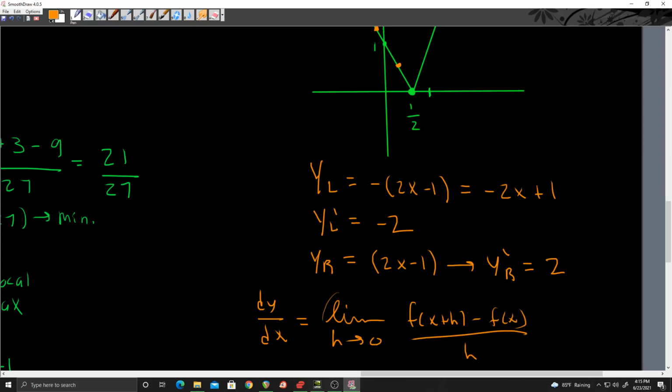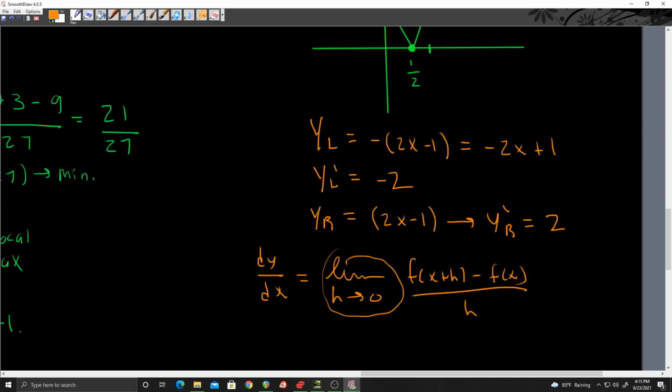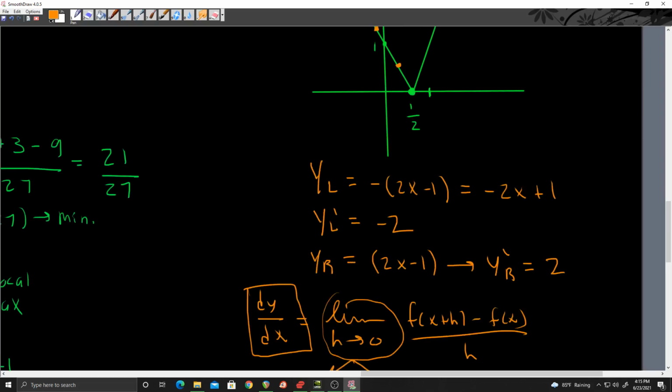This limit has a left-hand limit, in other words, like a left-hand slope, and a right-hand limit. These have to be the same if the derivative is to exist. But as we can see, the left-hand derivative is negative 2, and the right-hand derivative is 2. These are not the same.